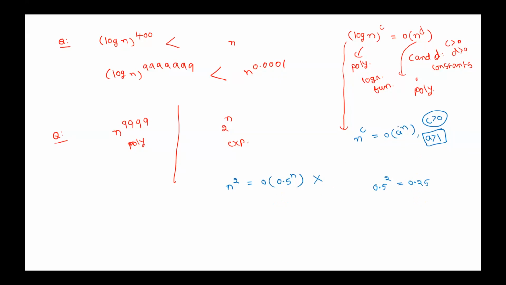That's why a greater than 1 is an important condition. That means n square is little o of, strictly lower than, 1.2 whole power n. Is this true? Yes.